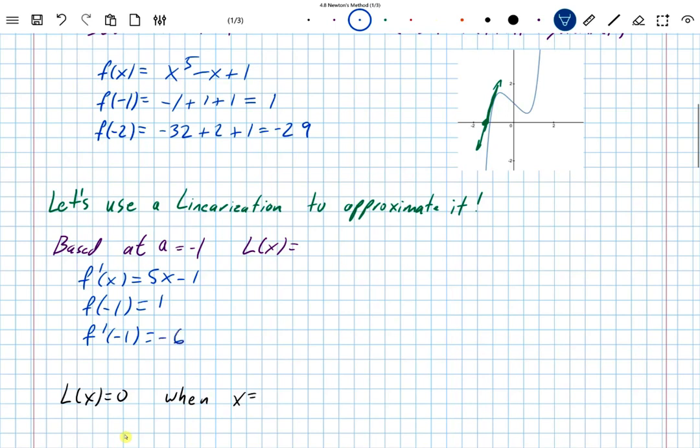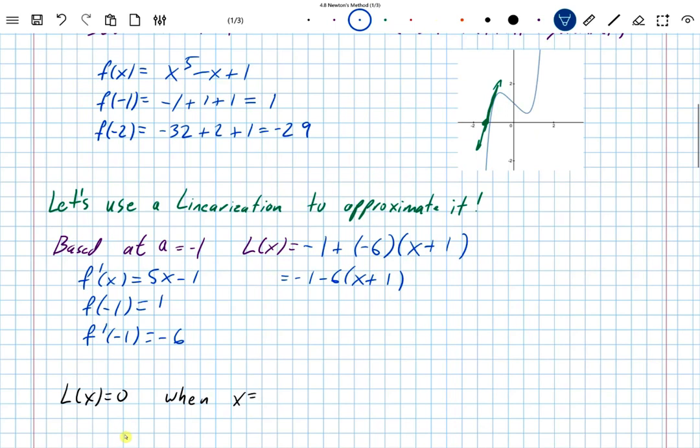Okay, so do we know our linearizations by now? Let's give this a try. We're going to start at our value of -1, that y value, and then we're going to add on my slope times x minus my a value, so plus 1. In other words, this is -1 minus 6 times x plus 1.